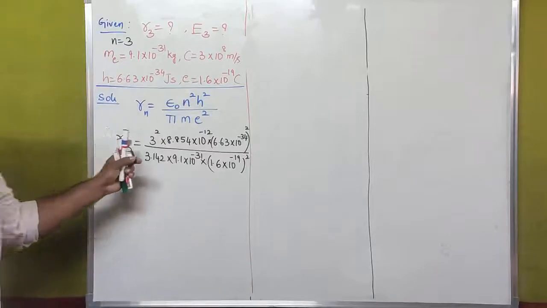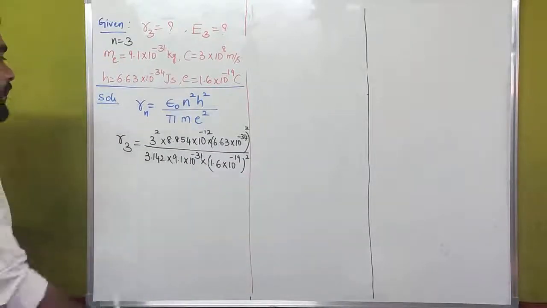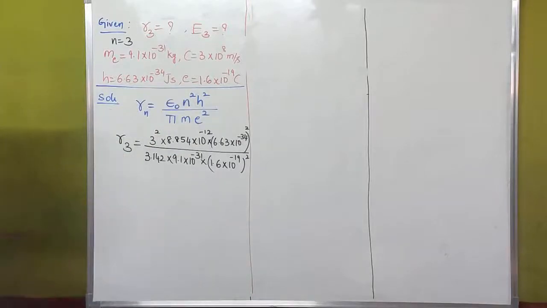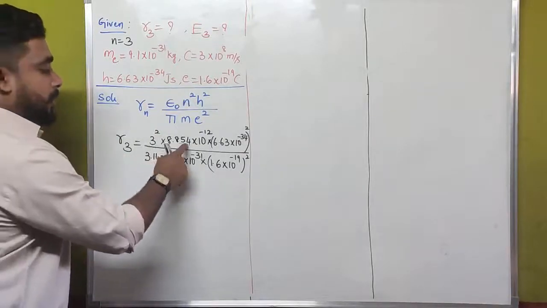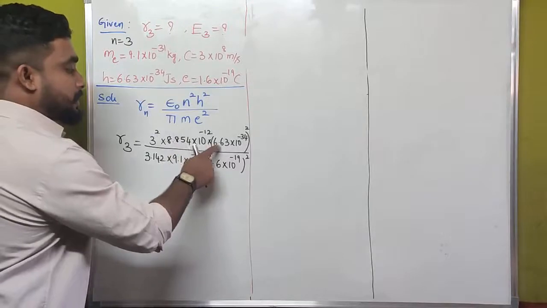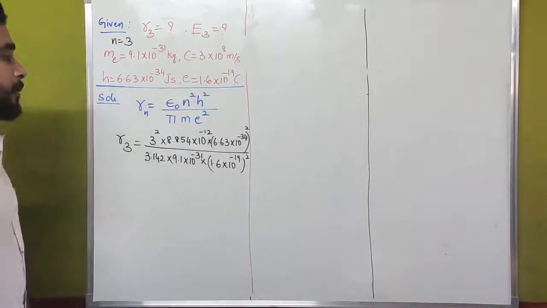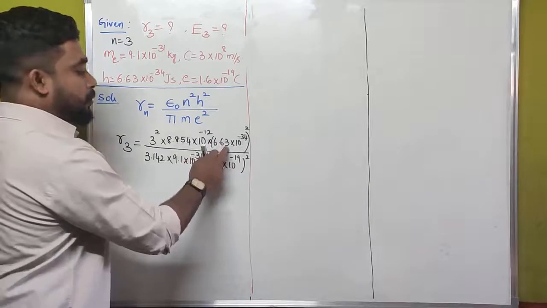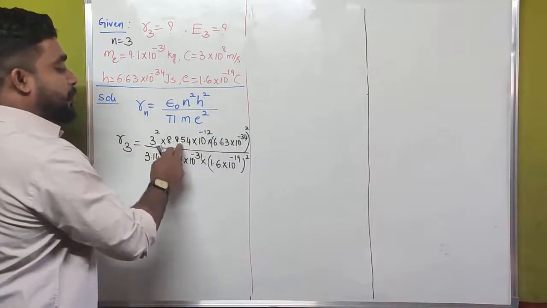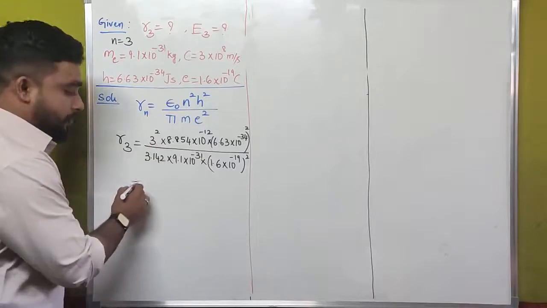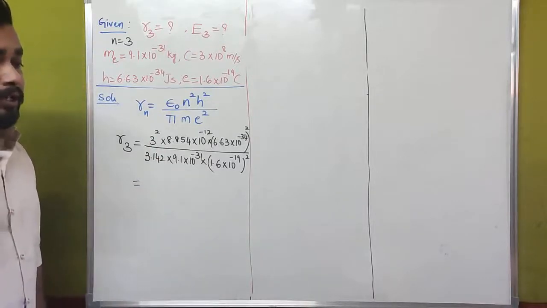If we calculate the terms, n is equal to 3, 3 square is equal to 9. 9 into 8.854 into 6.63, again 6.63, we multiply 6.63 two times and that with 8.854 and into 9, which will give the value of the numerator.